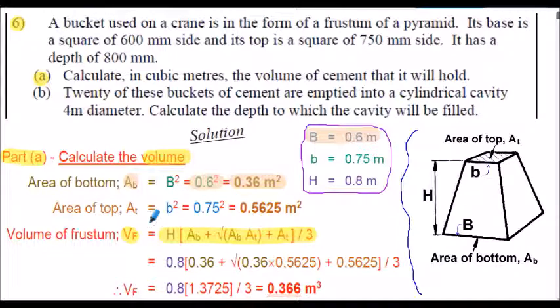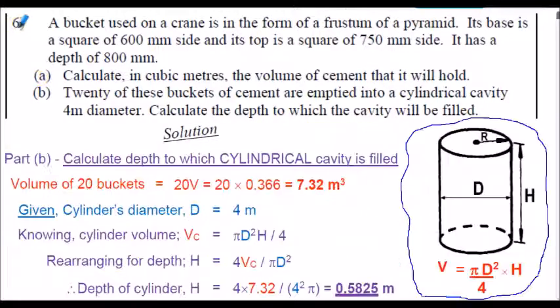And the area of the top is 0.75 squared, which equals 0.5625 because our top dimension is 0.75 meters. Inserting the values into the equation shown here, noting that the height is 0.8 meters, we can evaluate the volume of the frustum. It's 0.366 meters cubed.